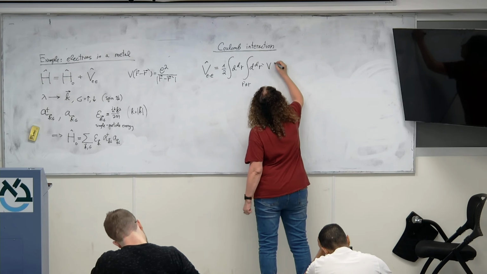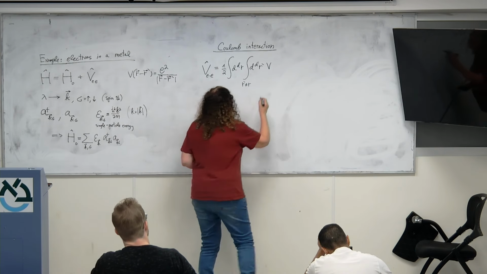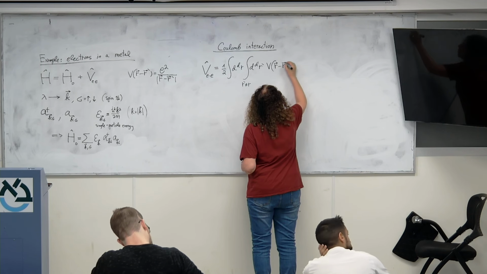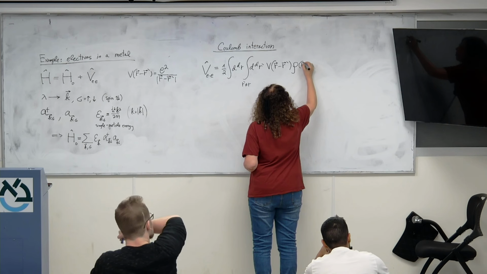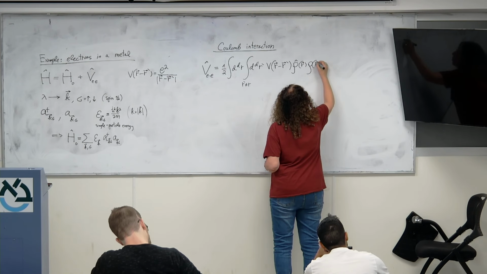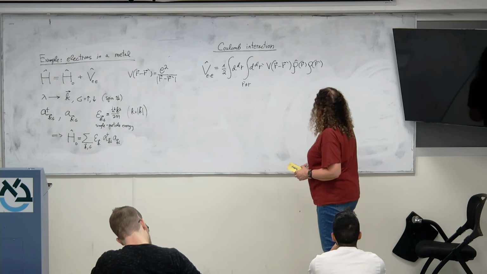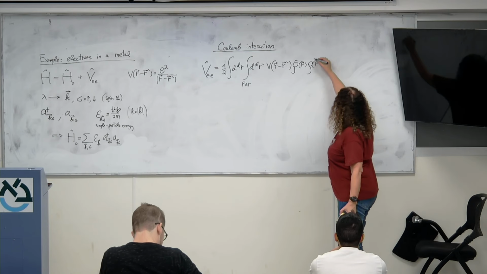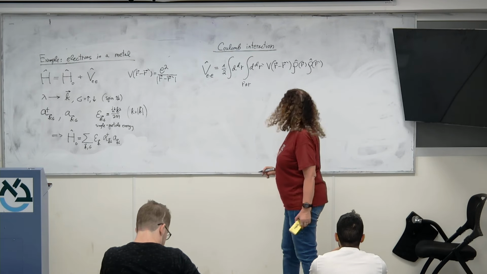I want to write it like this: V of R minus R prime, rho of R, rho of R prime. This is just the general form of a density-density interaction.